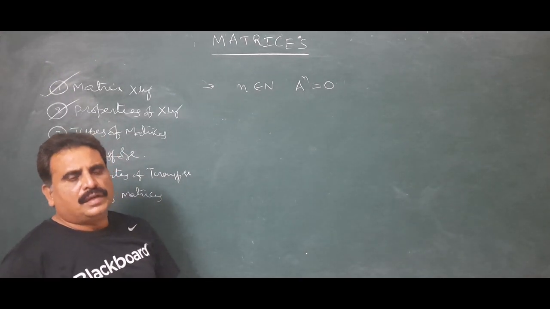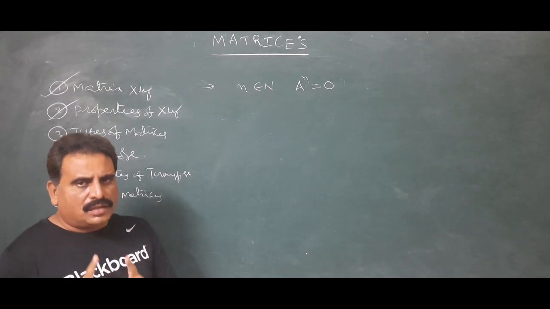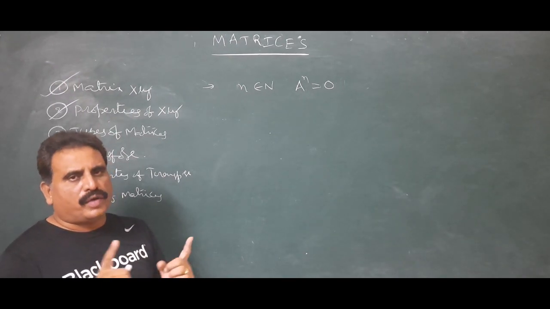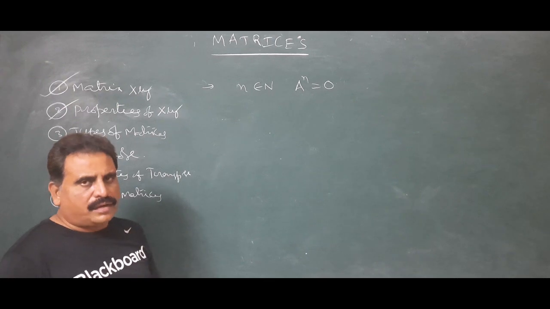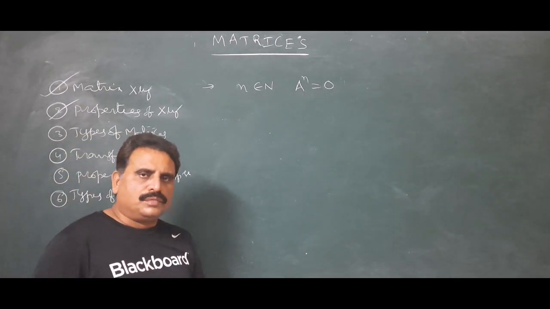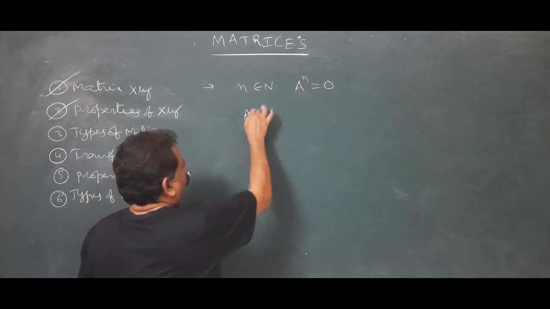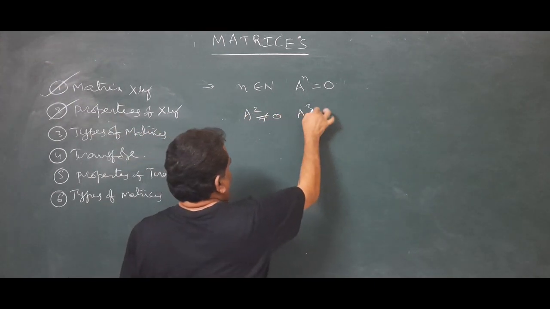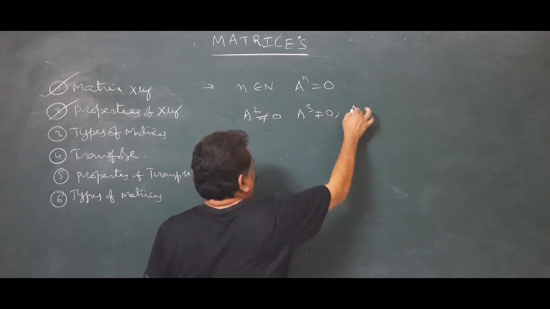For example, A is a non-zero square matrix, A square not equal to 0, A cube not equal to 0, A power 4 equal to 0.